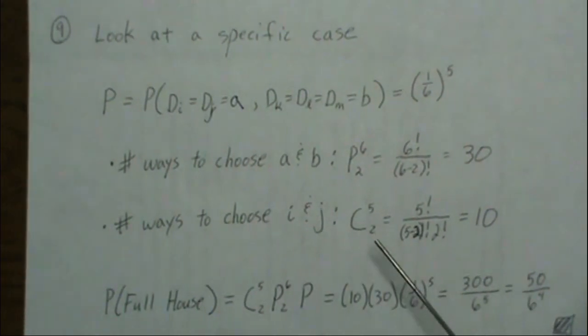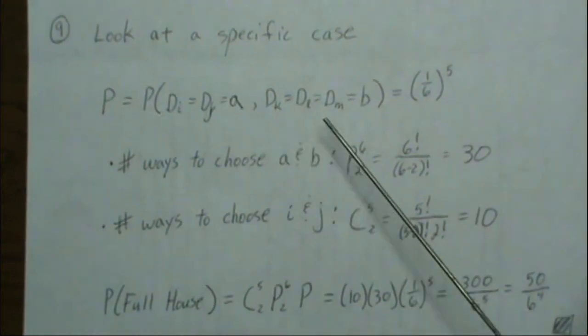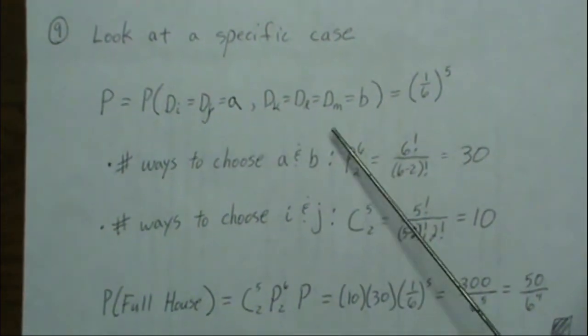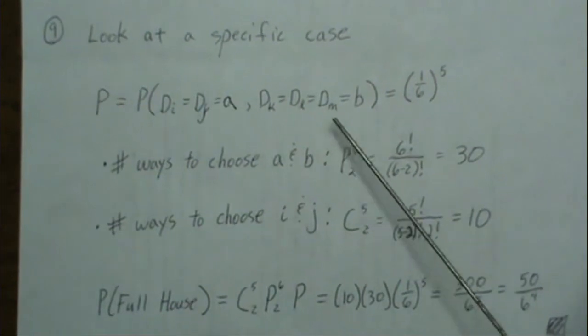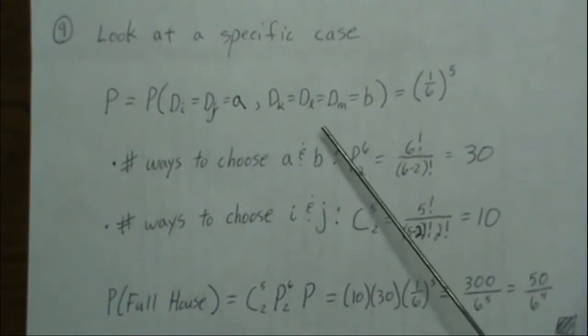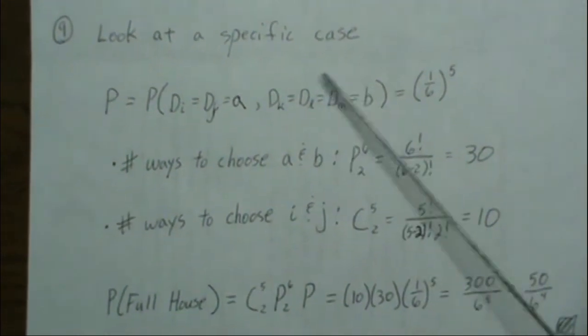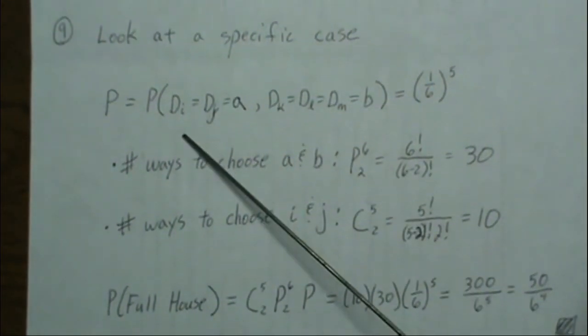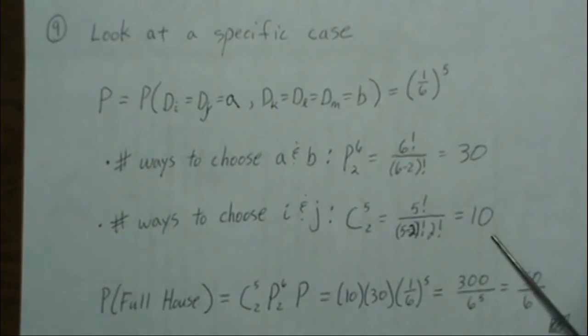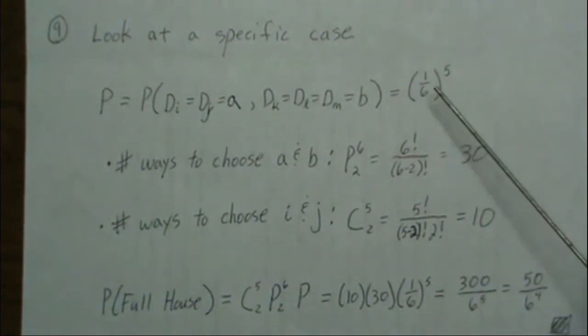And you could also think of it as choosing the 3 die that equal B. Well, 5 choose 3 is also 10. So once you choose either these 2, then those 3 are determined. Or if you randomly choose these 3, then those 2 are determined. But either way, there's 10 possibilities for this specific case.